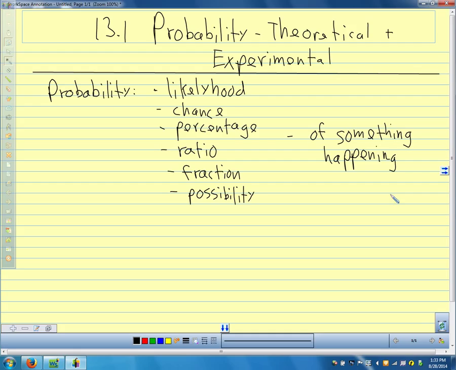What I want to do now is make a definition, how we're going to define probability. We do this a lot in math: we take this idea and say, okay, all these ways of talking about it are nice. We're going to say this is the way we're going to talk about probability. There might be other ways, but this is the way that we're going to do it.